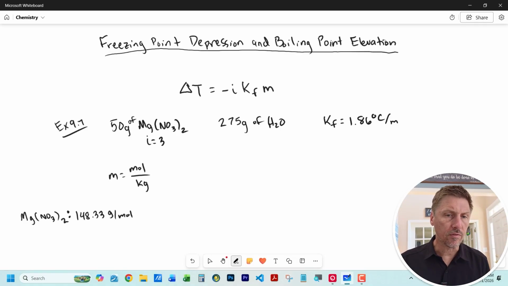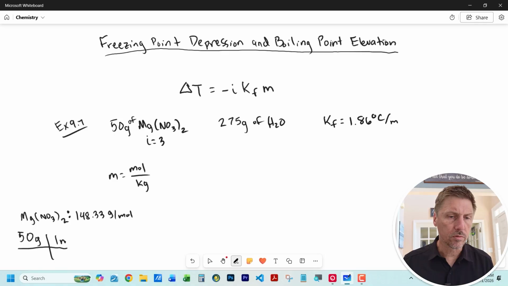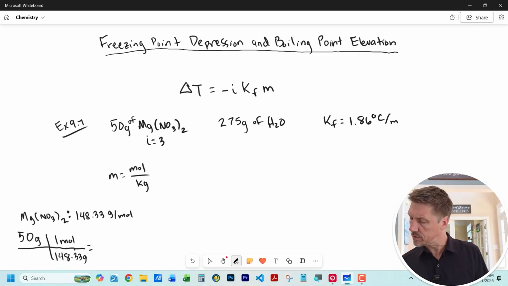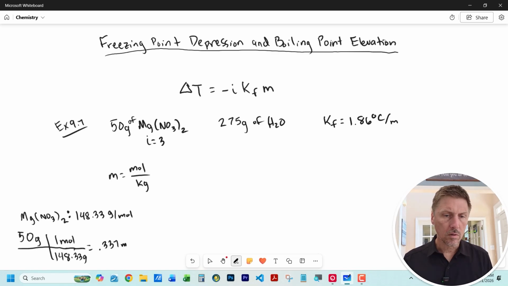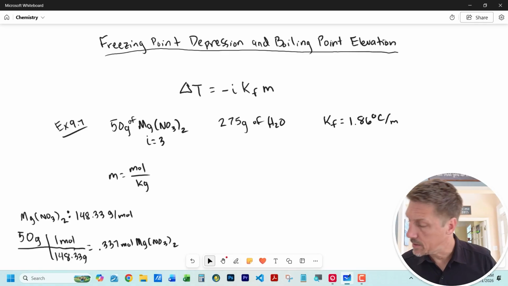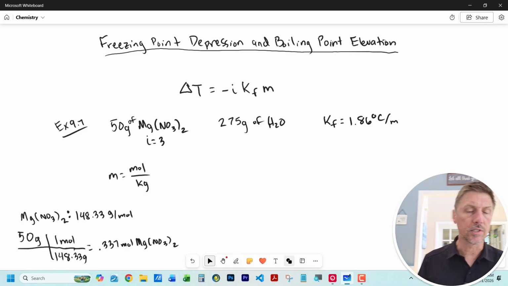So then, to convert from 50 grams of MgNO3 to moles, we multiply 50 grams times 1 mole divided by 148.33 grams, right? And that's going to give us 0.337 moles of MgNO3. I need to just keep saying magnesium nitrate. That's much easier to say.